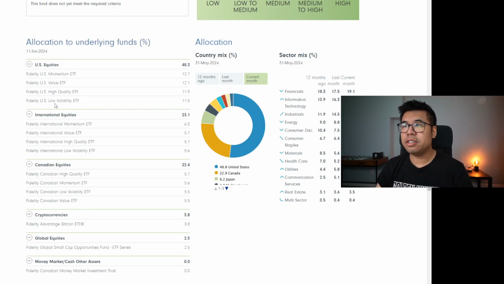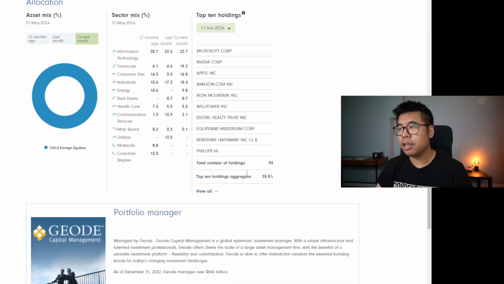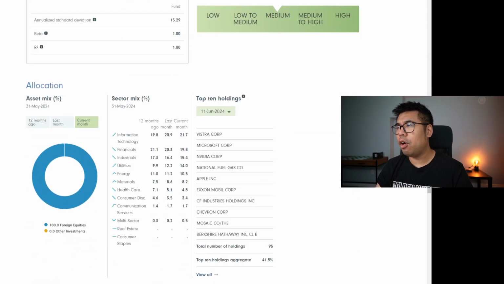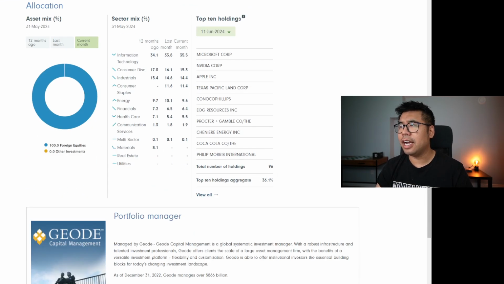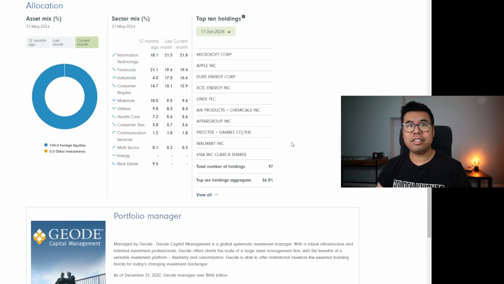Now, if you open each of these ETFs individually, you can scroll down and look at their holdings. This one has 94. The value one has 95. They all have about 90, 96. US low volatility 97. Now, that adds up to roughly 400. So it seems pretty good.